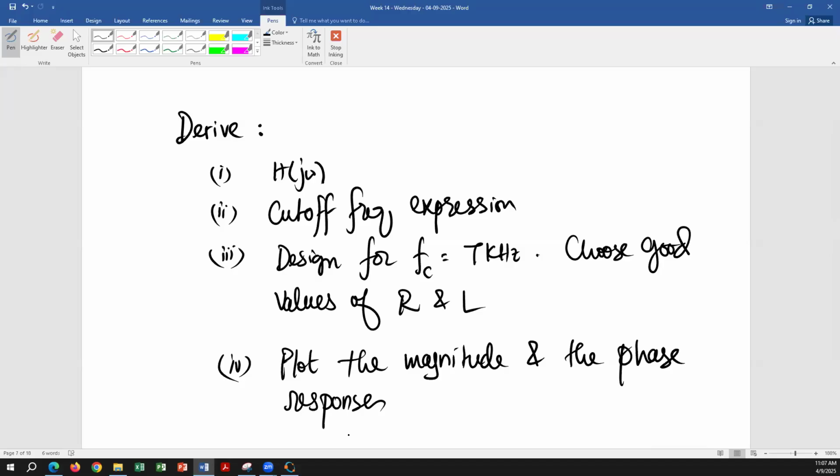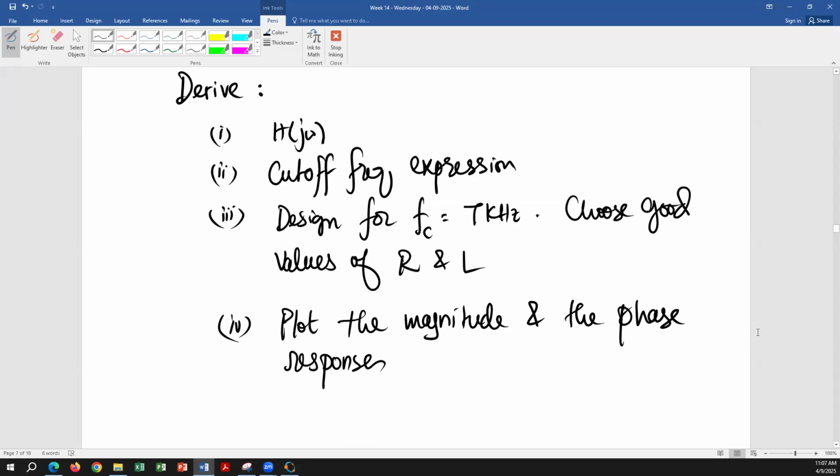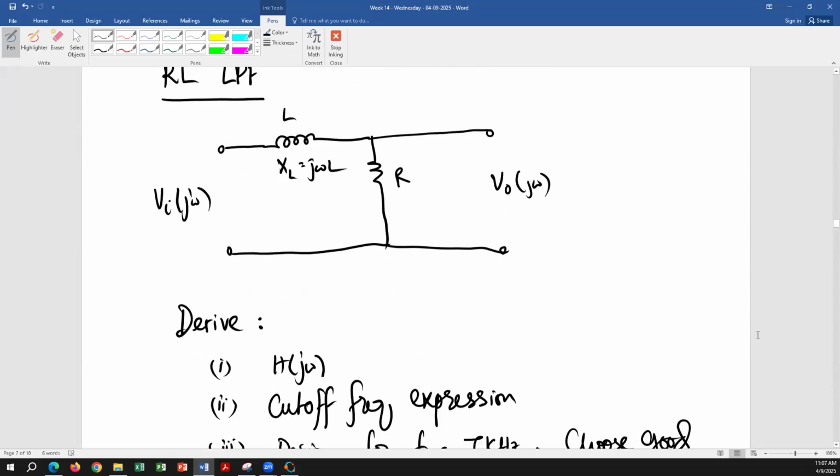So make sure you do it. So that's your RL low pass filter.